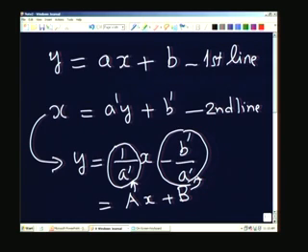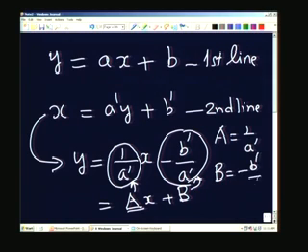All right. So, what I am saying is it is possible to relate the x and y in a different form by writing x equal to a prime y plus b prime, which is equivalent to writing in the form y equal to ax plus b, where a is 1 over a prime, and this b is minus b prime by a prime.